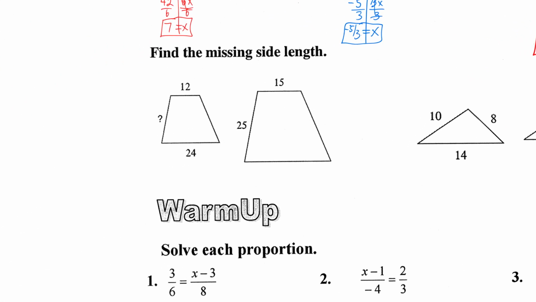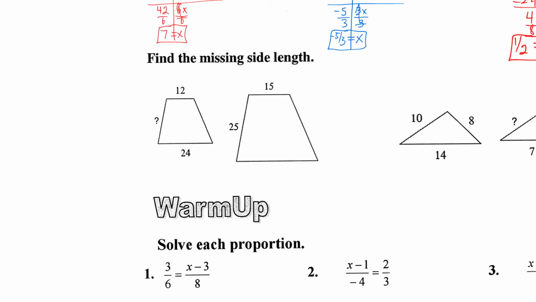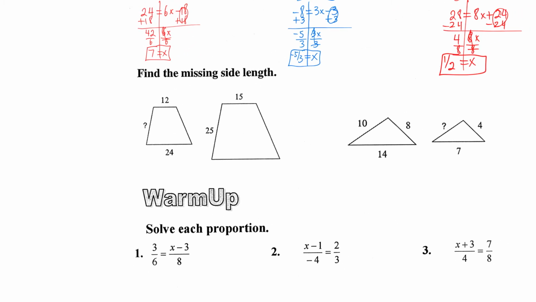Okay, next one. So we're looking for this part right here. How are we going to set up our proportion on this one? I'm going to say 12 is to 15 as... Okay, we've got to be careful. If I go from here to here, I've got to go from here to here.